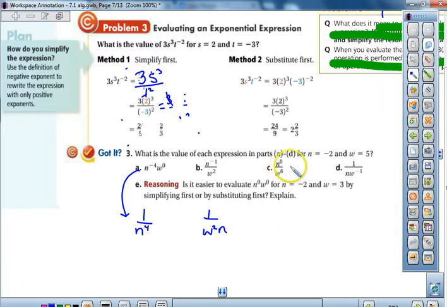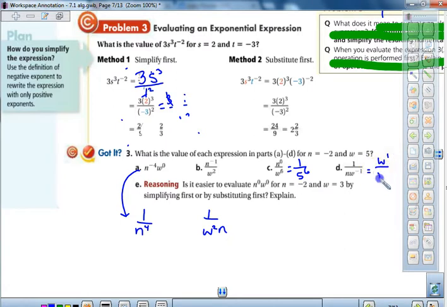As we look at the last one, n to the 0, we are looking at that as simply 1. We would simply substitute in our 5 to the 6th power. Here, since n is to the negative 1 power, the w is to the negative 1 power. It's going to move to the numerator, w to the first over n, which would simply be our 5 divided by negative 2.